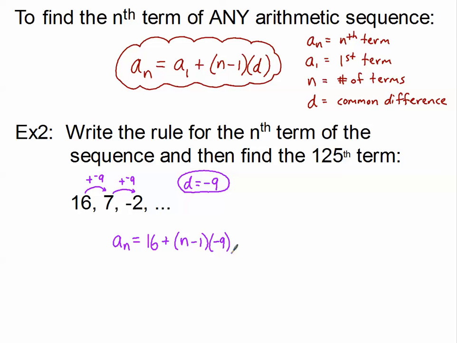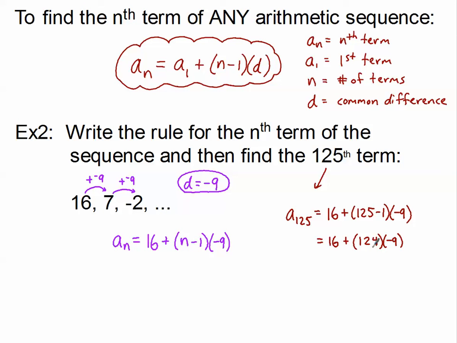Now let's use that to go and find the 125th term. A sub 125, now I know that n is 125, will be 16 plus 125 minus 1 times negative 9. Understand that your order of operations says that we have to deal with this set of parentheses first. 125 take away 1, of course, is 124.